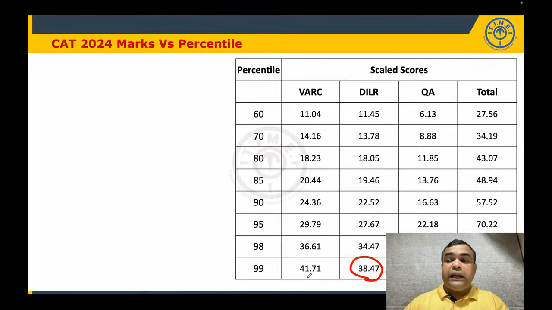And here, 41.17 is how much? Approximately 14 questions correct. No issues in this part. Fine.